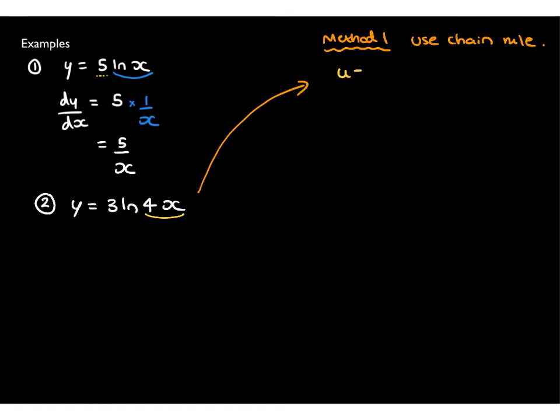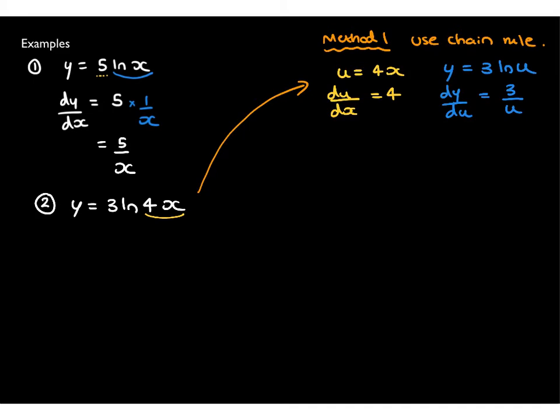So u equals 4x, and then we can express y in terms of u. y equals 3 ln of u. We then need to differentiate both parts, so du by dx is equal to 4, and dy by du is equal to 3 over u.